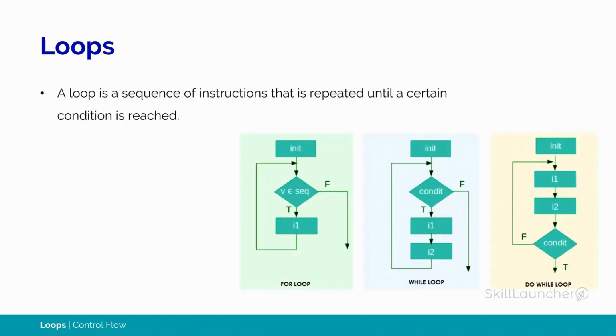A loop is a statement that needs to be written only once, and the loop will be executed various times. In the previous example, it will be executed 10 times. In computer programming, a loop is a sequence of instructions that is repeated until a certain condition is reached. An operation is done, such as getting an item of data and changing it.